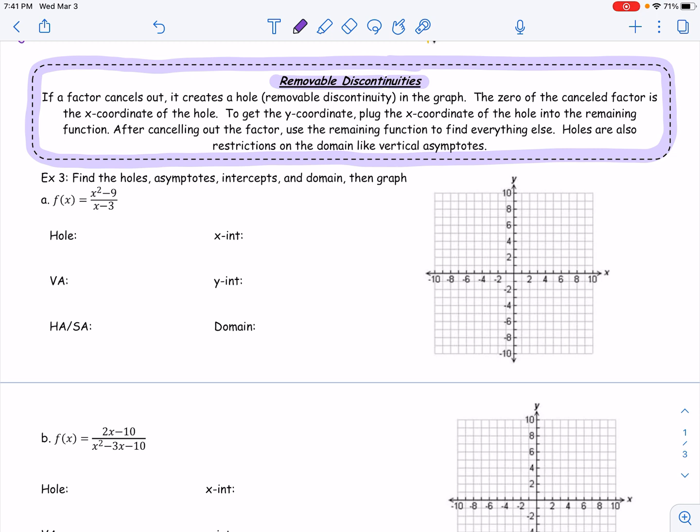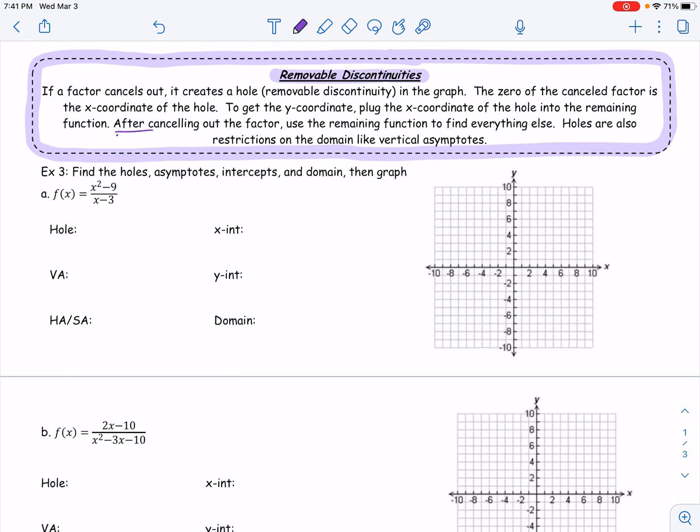The 0 of that canceled factor is the x-coordinate of the hole. To get the y-coordinate, plug that x-coordinate of the hole into the remaining function. After canceling out the factor, use the remaining function to find everything else. This is important.